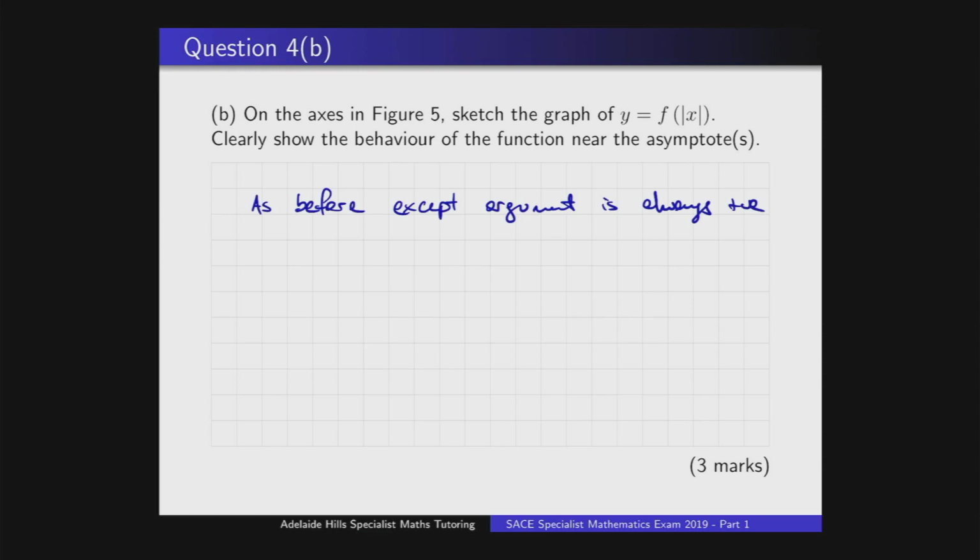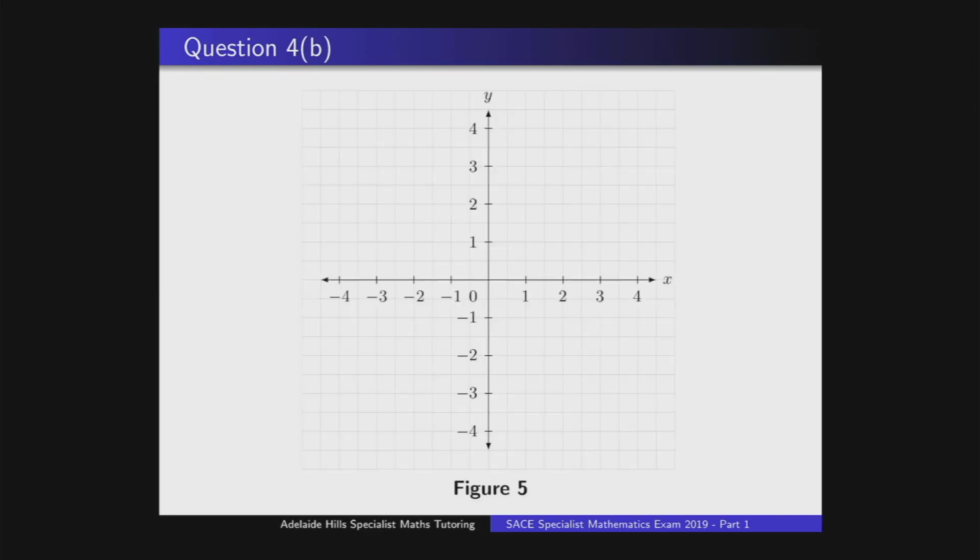Okay, and what happens when x is negative is just the mirror image of what happens when x is positive. Okay, so if we go to the plot and we just consider when x is positive, nothing's changed from the first plot. Okay, so the very first plot, remember, looked like this between x equals 0 and x equals 2, and it looked like this for x greater than 2.